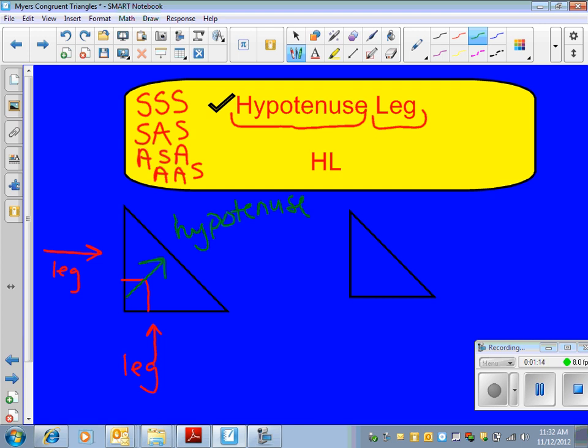Everywhere you see a 90-degree angle, go ahead and draw an arrow to identify the hypotenuse. Now, a student asked a question one time, because we have a right triangle and want to call it leg, can we still call it a side? I would say that leg will be the first name and side will be the middle name, so definitely we can. This triangle right here, 90 degrees, across from it, again, this is a hypotenuse, this is a leg, and this is a leg.